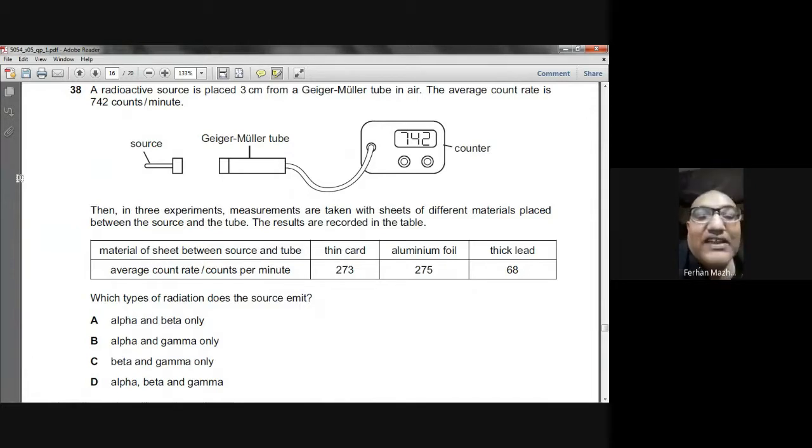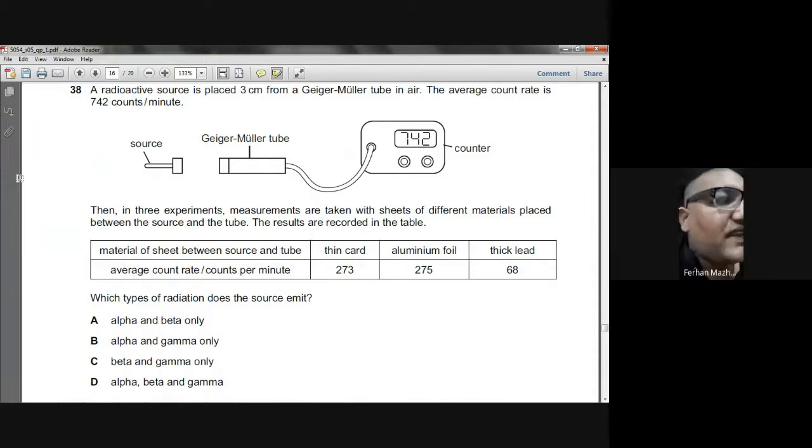So whatever reading comes on the GM tube, we call it the count rate. When you took the GM tube near the source, the GM tube gave you the reading 742. Okay.